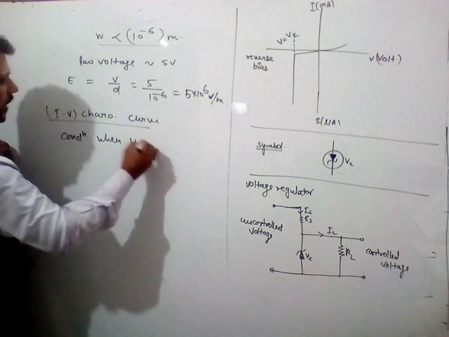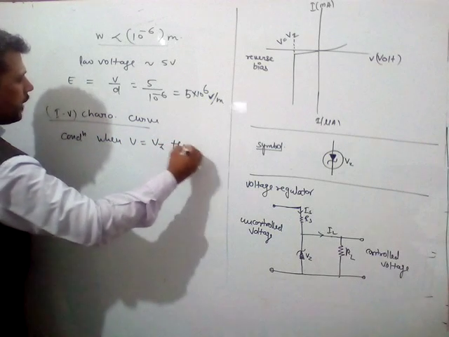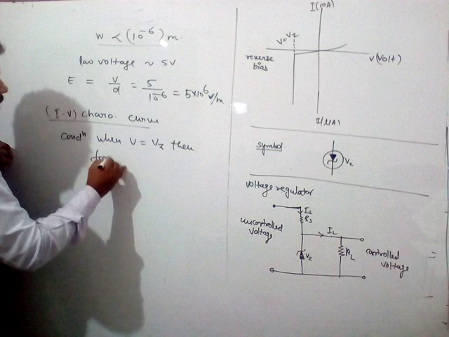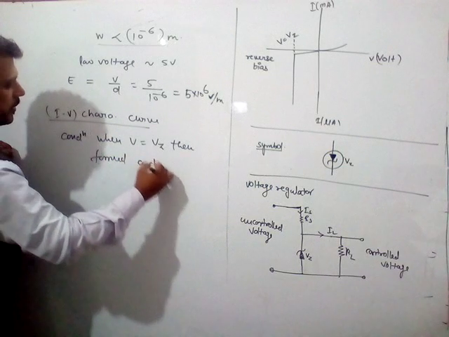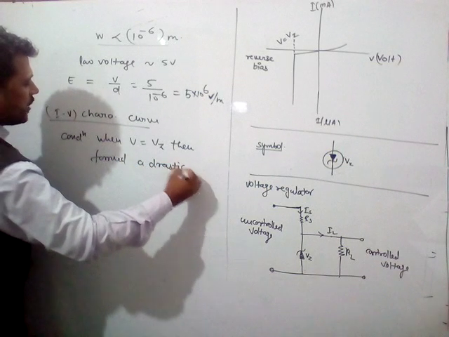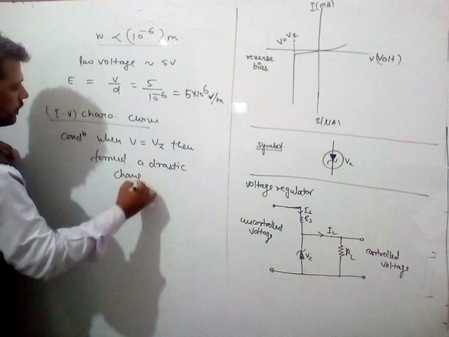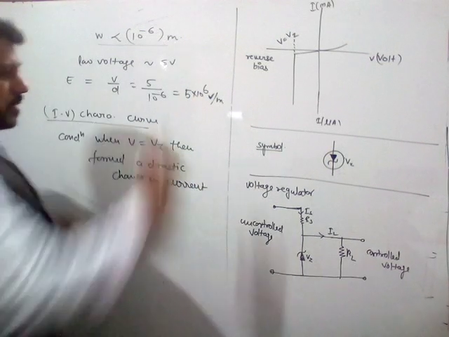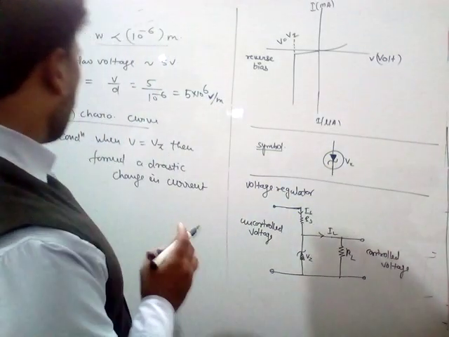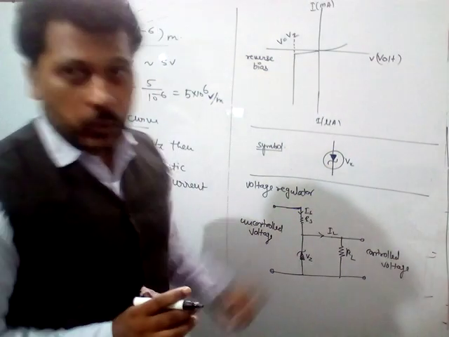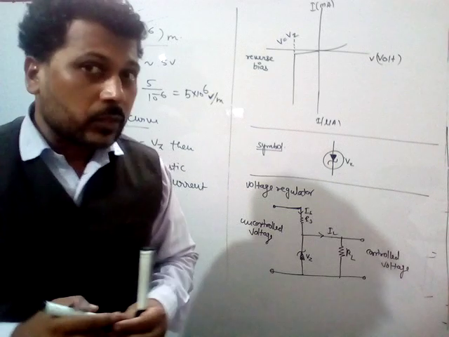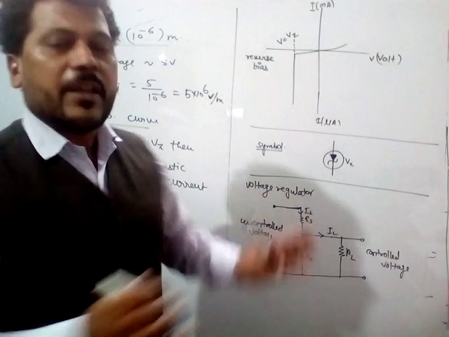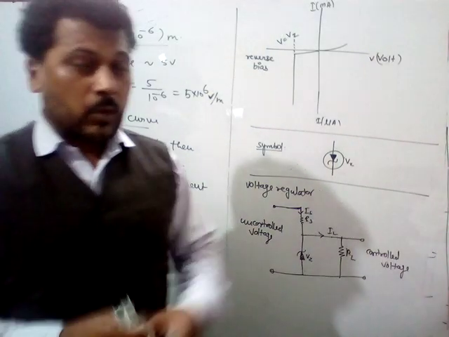In such a condition, when V becomes Vz, there is a drastic change in the current. इसका मतलब ये हुआ कि अगर V की वैल्यू Vz हो जाती है, जेनर वोल्टेज के इक्वल हो जाती है, तो उस जगह करंट की वैल्यू में ड्रास्टिक चेंज आएगा, बहुत बड़ा परिवर्तन आएगा.